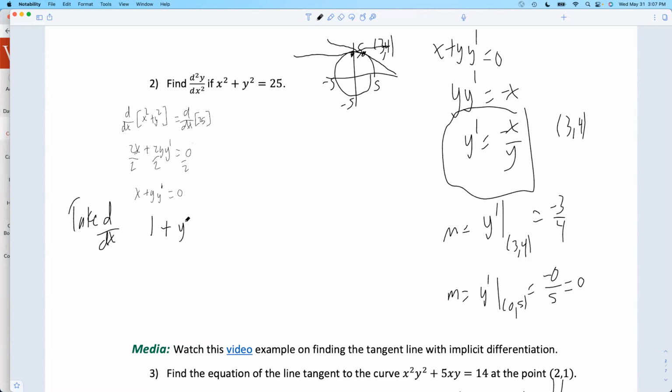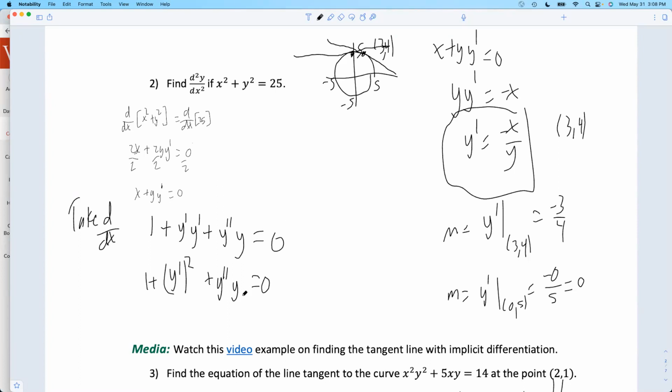The derivative of y is y prime, times leave the second one alone, plus the derivative of the second, which is y double prime, times leave the first alone, equals 0. So this says 1 plus y prime squared, not second derivative, y prime squared, plus y double prime times regular y equals 0.